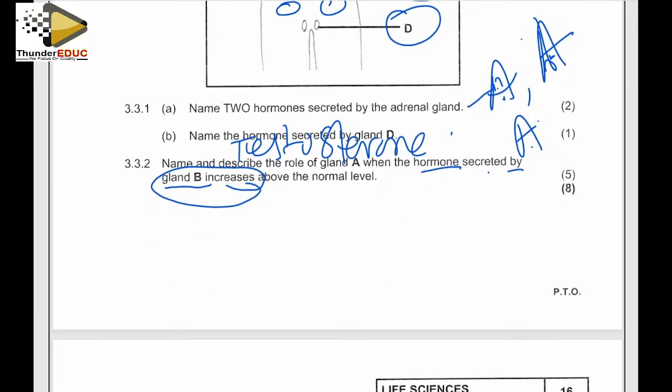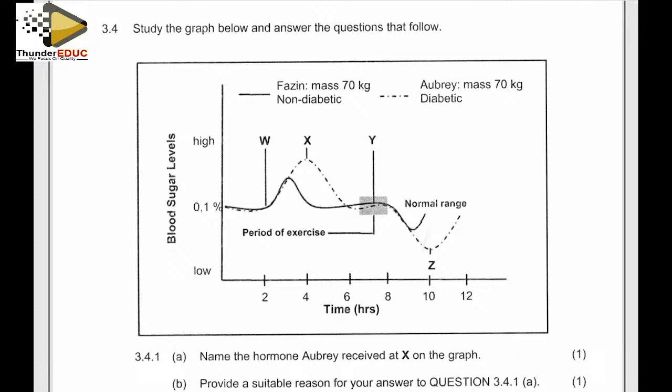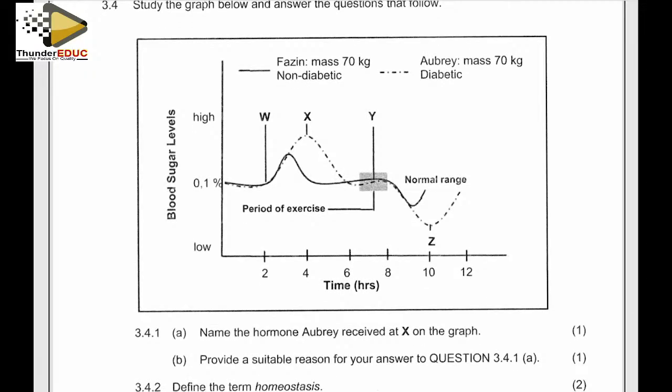What will happen if there is too much thyroxine in the body? Now we go to the next question. Identify, name the hormone Aubrey received at X on the graph. Now they say that Aubrey is having diabetes.